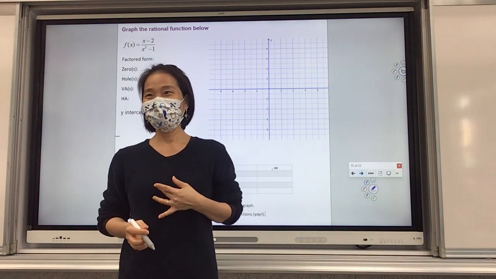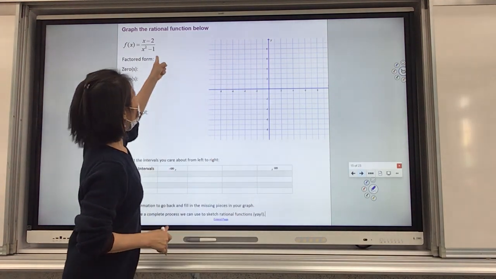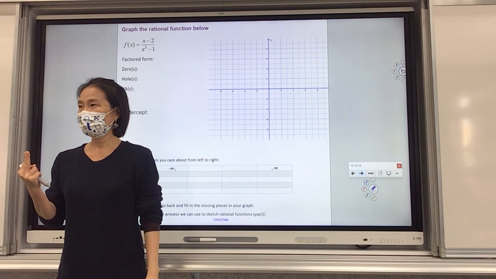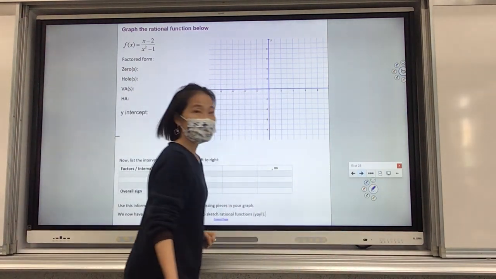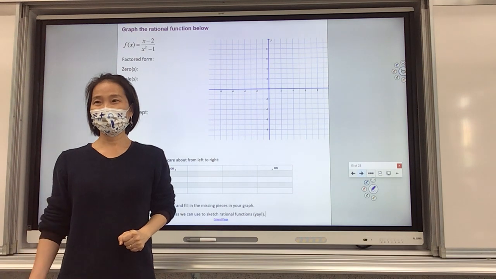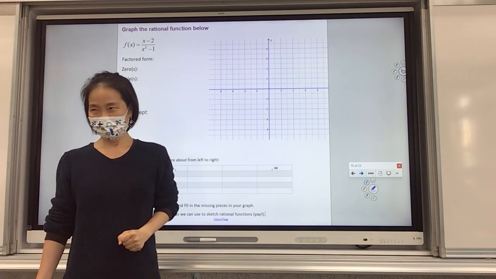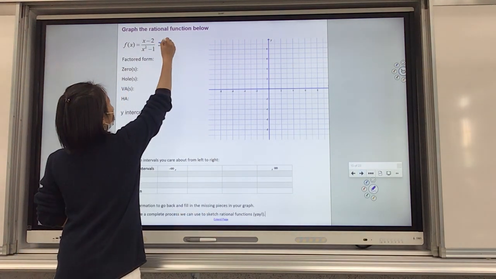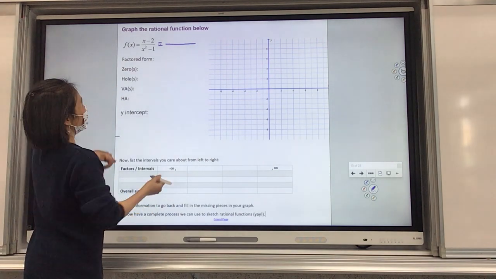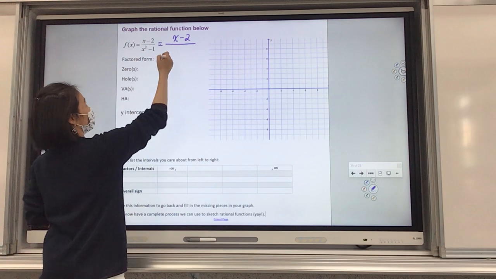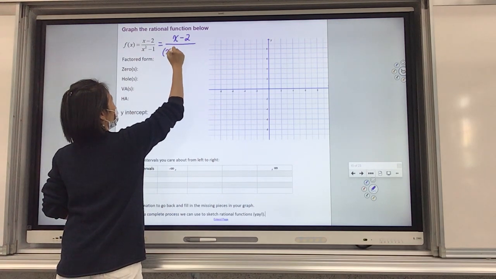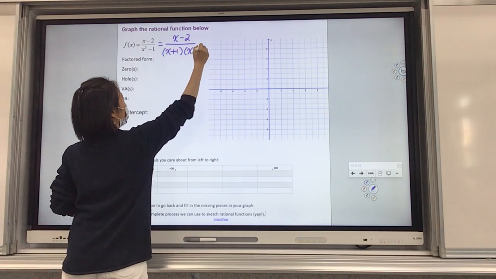So let's try this. This is your first example with a true vertical asymptote. I'm going to lead you through this, and you will do the next one on your own. Let's factor. x minus 2 is the only factor on top. x plus 1, x minus 1.